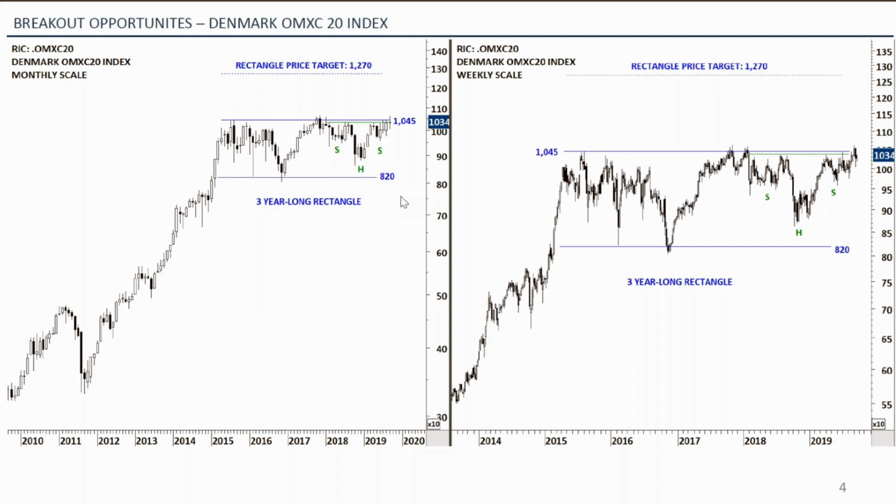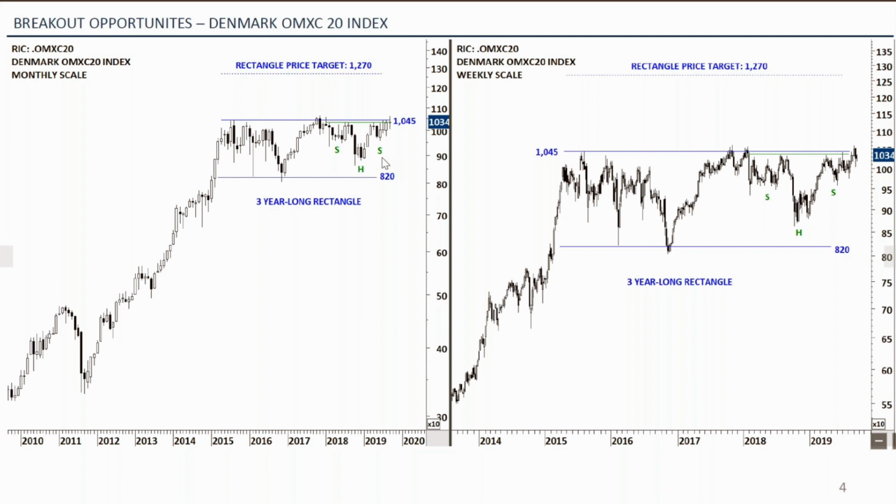From my previous reports, members know that I'm looking at these two charts. One of them is the monthly scale, the other one is a weekly scale. Both show the same message, 3-year long rectangle, and inside that rectangle we have this perfect head and shoulder continuation taking place that can act as a launching pattern.